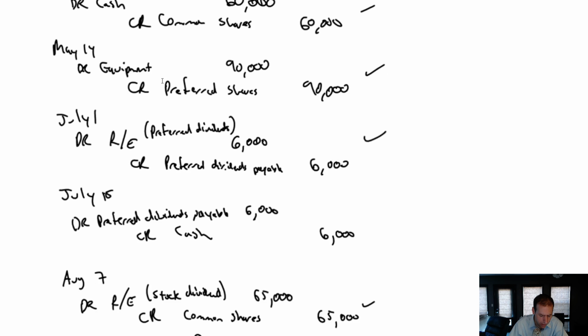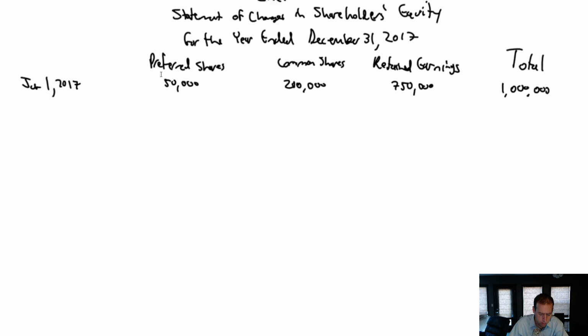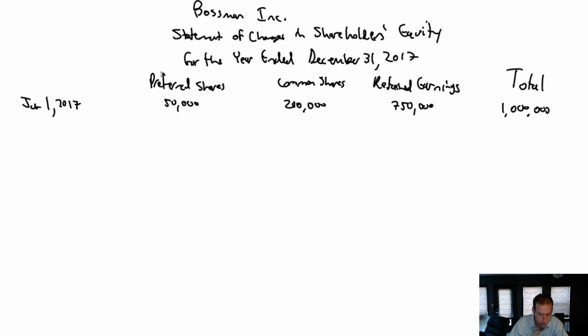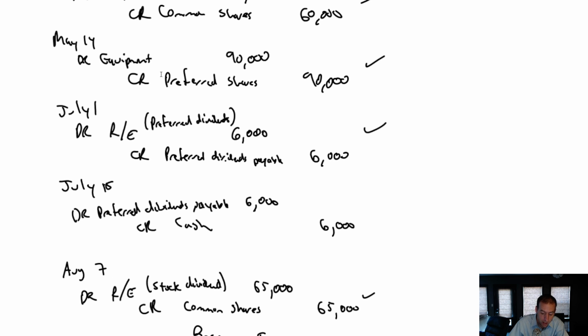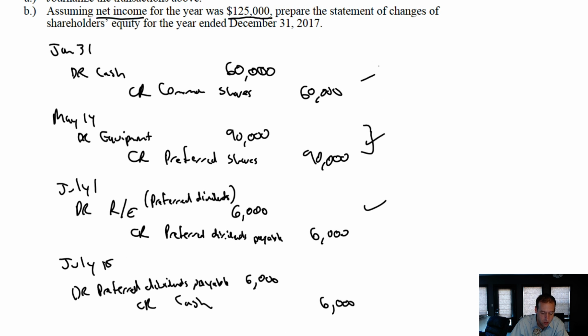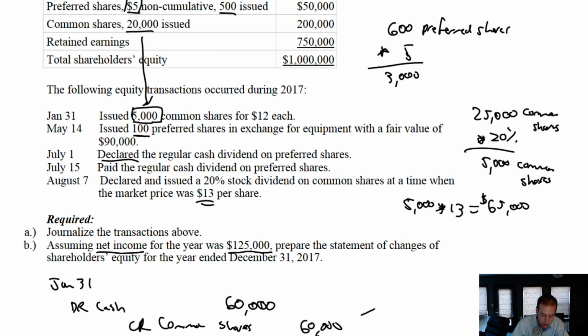So let's go ahead and go through this one as best we can, and we'll start with preferred shares. I see them first, so let's look at any transactions that affected our preferred shares. And really, there appears to be just this one right here, debit equipment credit preferred shares. We issued preferred shares, $90,000, and looking up, you can see there's preferred shares issued.